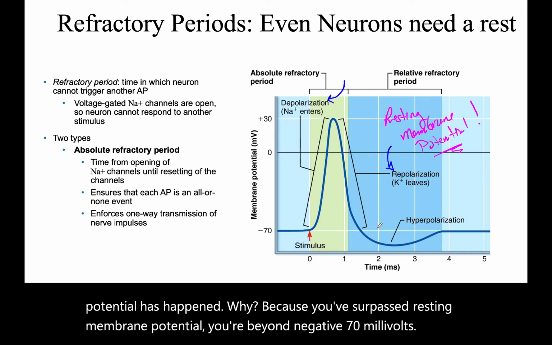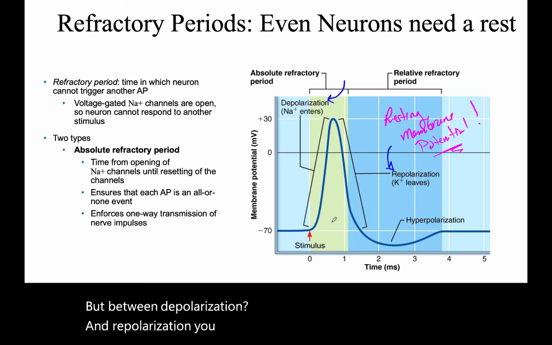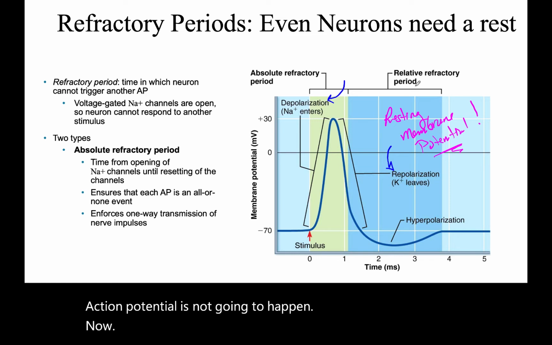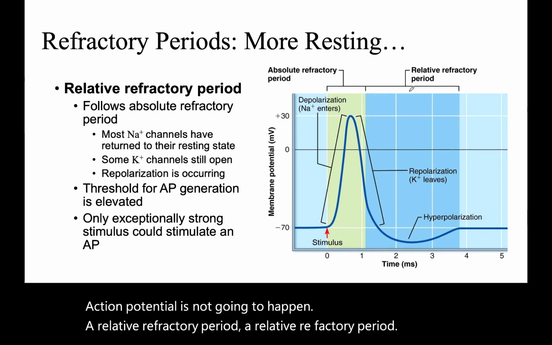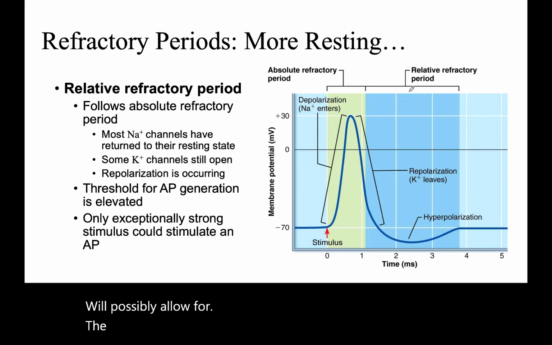But between depolarization and repolarization, you haven't reached negative 70 millivolts. Action potential is not going to happen. Now, a relative refractory period will possibly allow for the excitation of a new action potential.